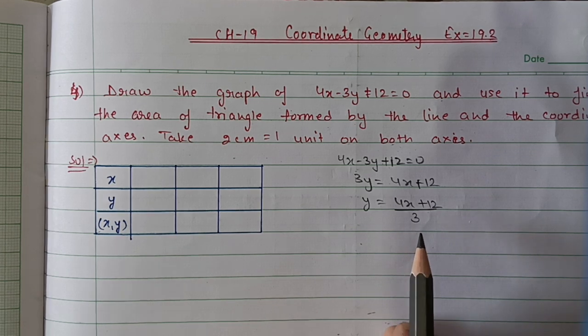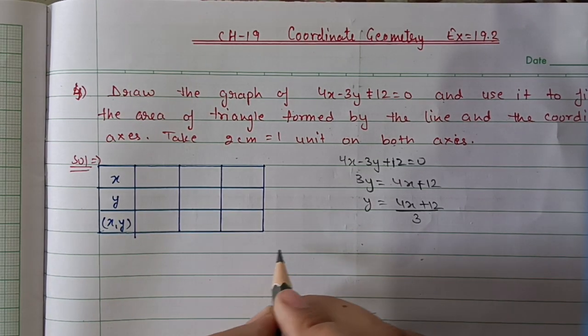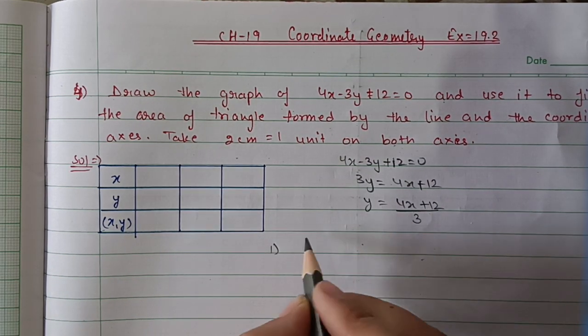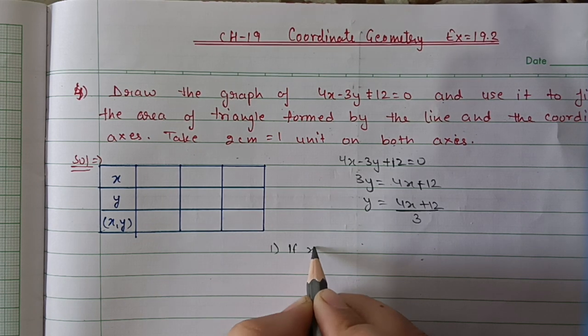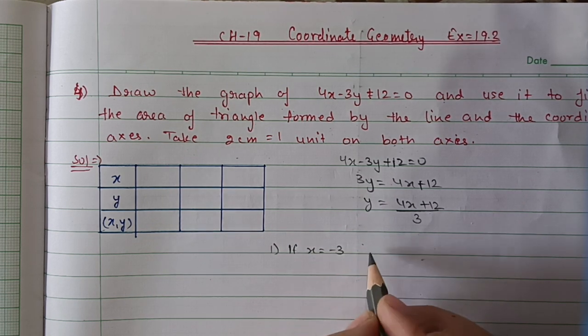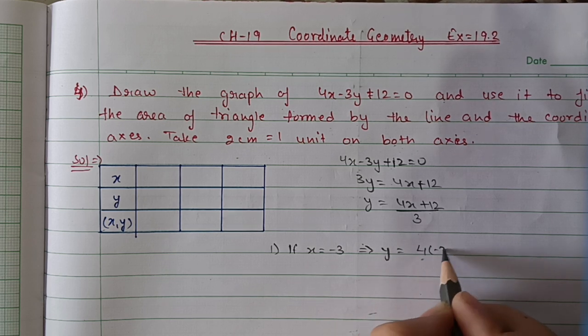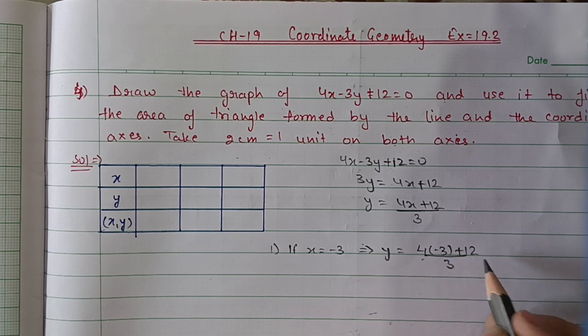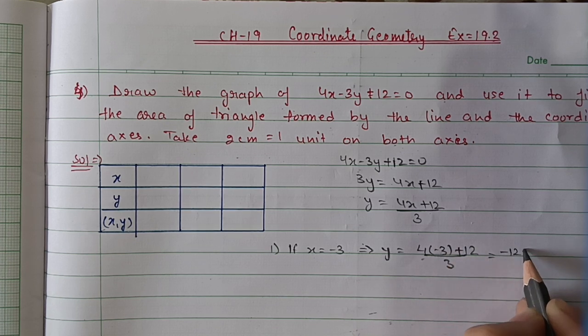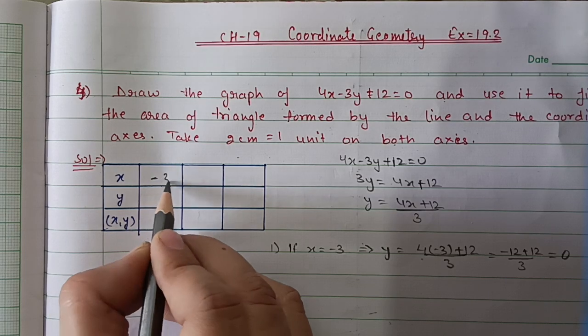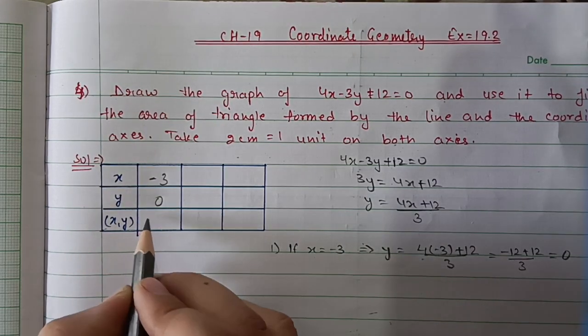Now we will find 3 plotting points. First point, if I take x equal to minus 3, in that case y will be (4 into minus 3 plus 12) by 3. So 4 into minus 3 is minus 12, plus 12 upon 3, we will get 0. So when x is minus 3, y is 0.